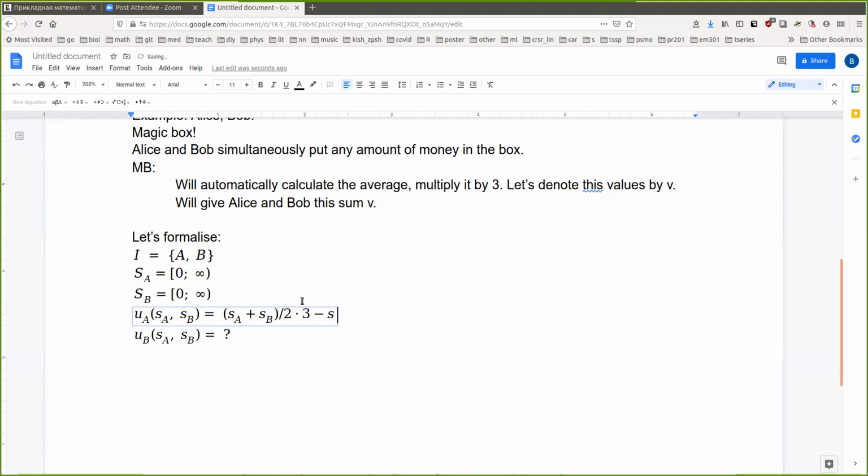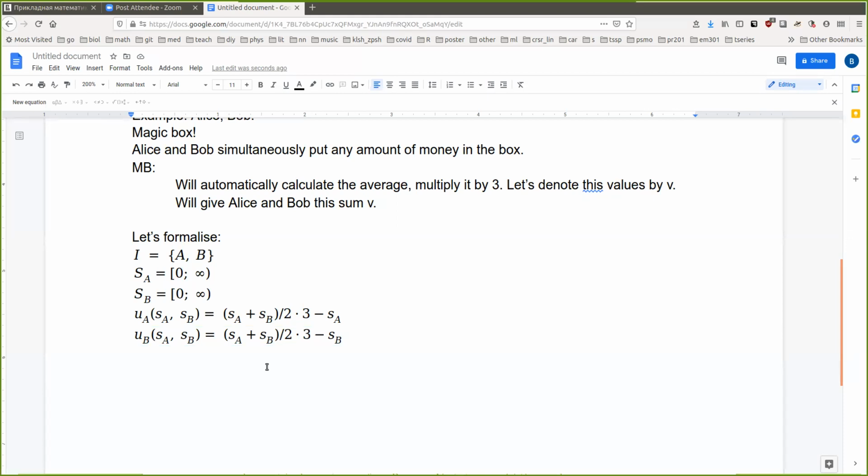And do not forget to put minus SA. And here the difference is we have SB here, okay? Yes. Okay, that's a formalization of the game.